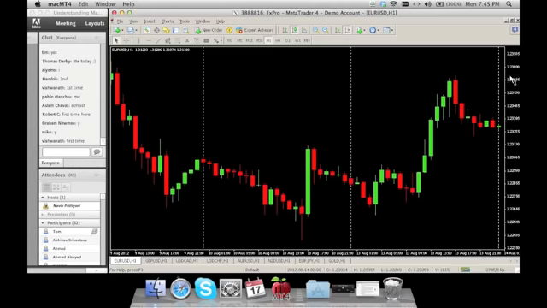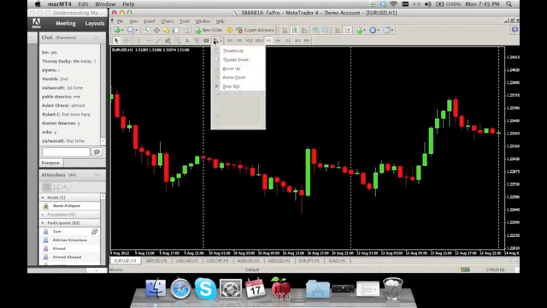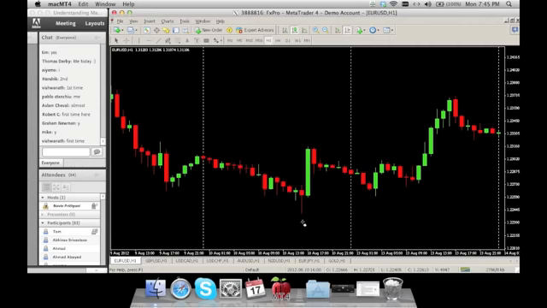Now, this candlestick pattern here is what we call an exhaustion. What an exhaustion basically means is the market tries to go in one direction and it could not go, it comes back and closes near the open, and hence the term, it gets exhausted.